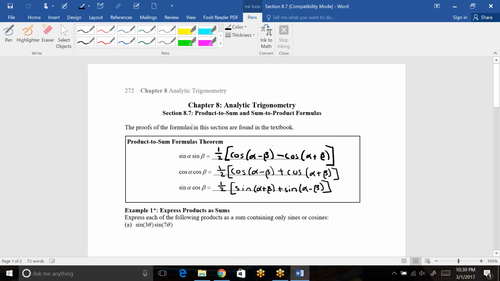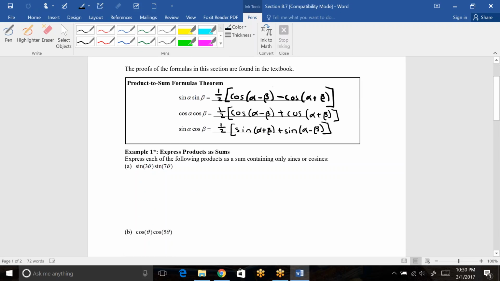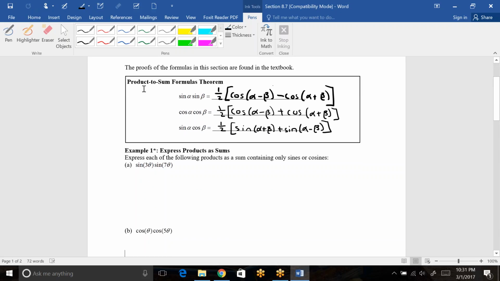Okay, so for our first example, we have sine of 3 theta times sine of 7 theta. So we want to use the sine alpha sine beta formula. So remember, this is serving as alpha and this is serving as beta. So this would be 1/2 bracket cosine of 3 theta minus 7 theta.